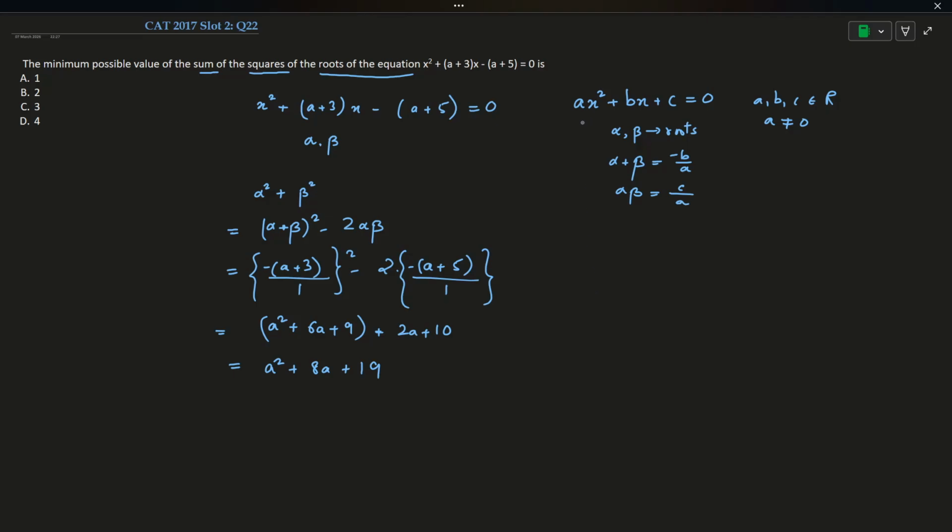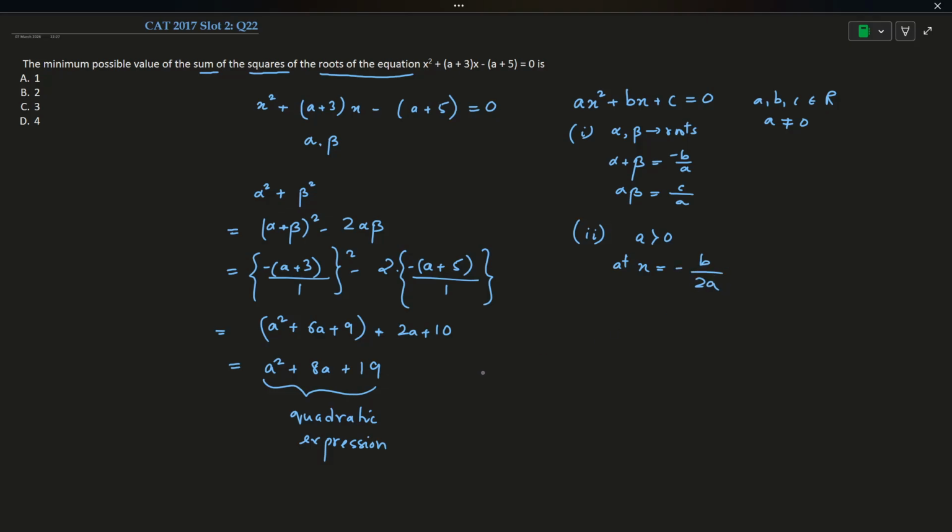Now guys, consider the same quadratic expression ax square plus bx plus c. So the minimum value of a quadratic expression ax square plus bx plus c will occur when a is greater than 0 and at x equal to minus b by 2a.